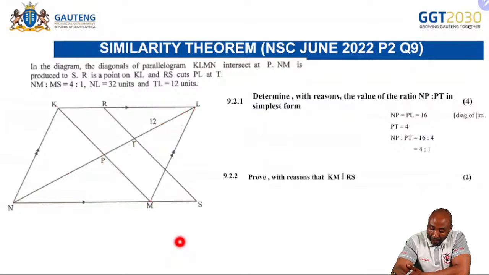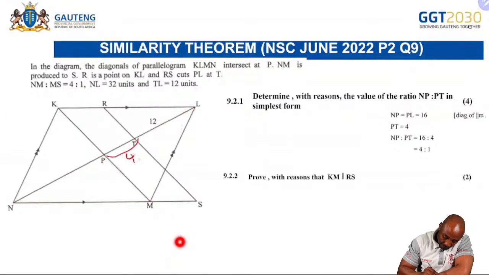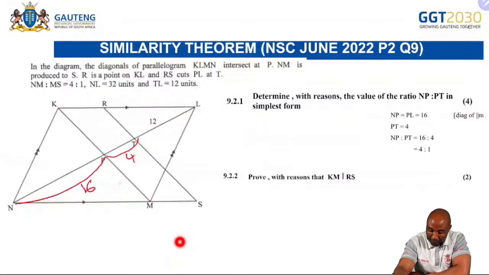NP is equal to PL equal to 16 units because these are diagonals of a parallelogram, meaning PT is going to be 4 units. So this part is 4, that one is 12 because we have shown that this is 16. So NP, you are able to see our NP, we found the length as 16. So 16:4, which reduces to 4:1.